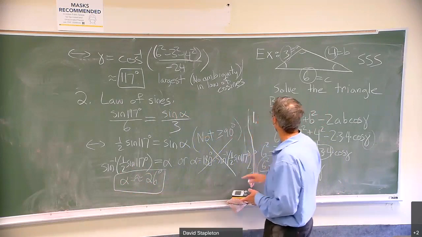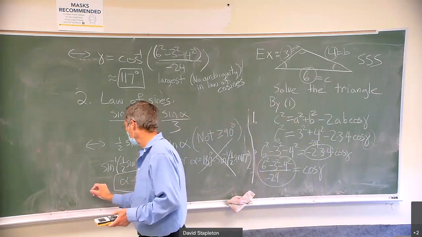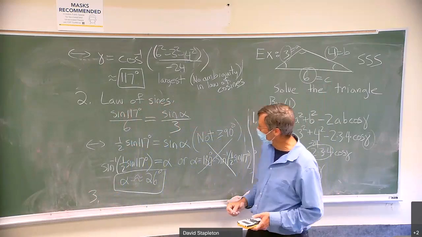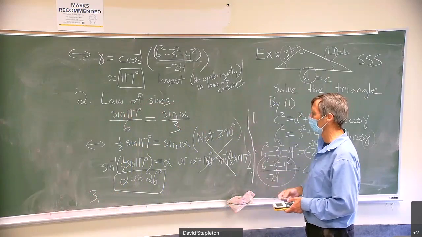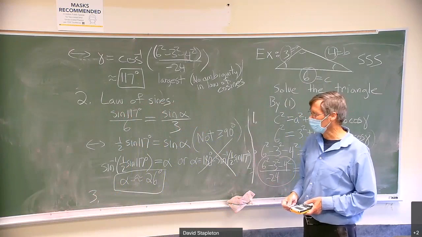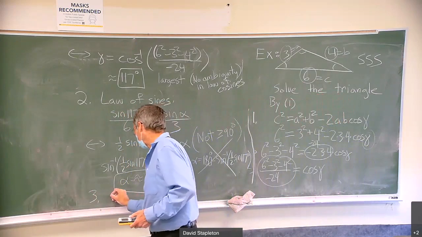But I have one more thing to find, right? Given three pieces of information, three measures, I have three more measures to find. What's the last measure? I can use the law of cosines, great difficulty. I can use the law of sines with a little less difficulty, or I can subtract, right? I have two angles. I can always find the last one immediately.